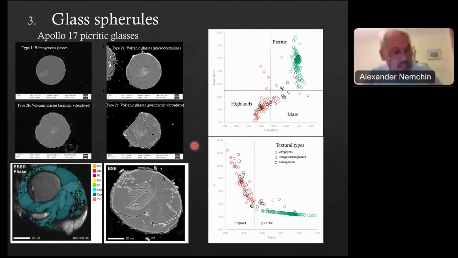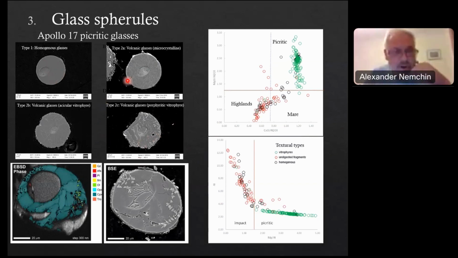Okay, glasses, the last bit I would like to discuss. We start with the picritic glasses, Apollo 17. We did a bit of work on these glasses, and yes, there are different textural types.